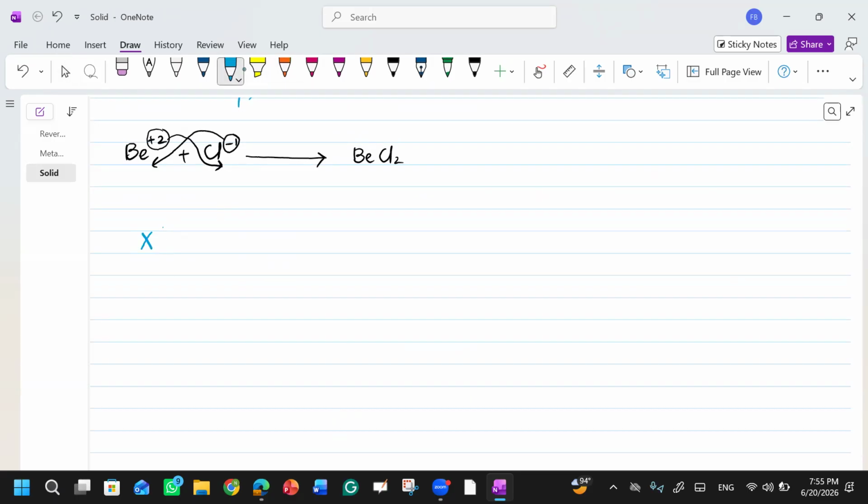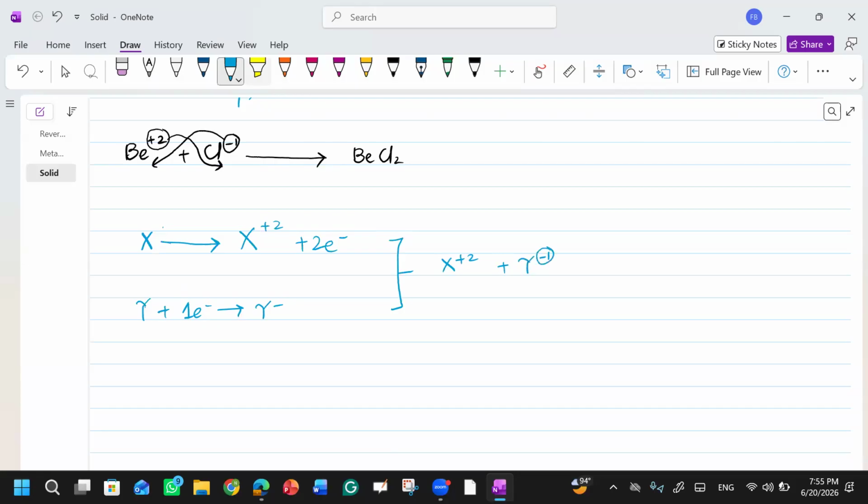for example this atom is losing 2 electrons, I am just writing X for any atom. It is losing 2 electrons and the other is gaining just 1 electron. If it is just gaining 1 electron, in this case how will bonding occur? You will have X plus 2 and Y minus 1.